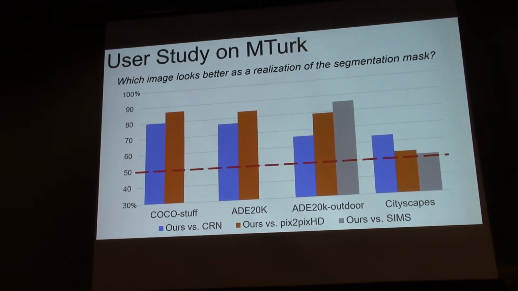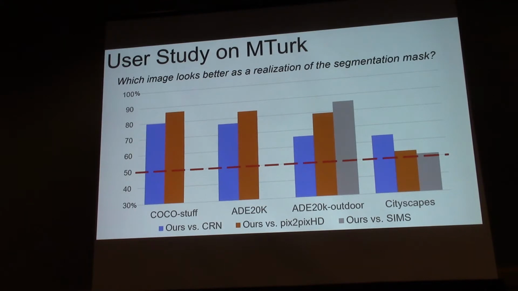So here are some evaluations. We first did a user study. We asked Mechanical Turkers the following question: which image looks better as a realization of this segmentation mask? We showed our result and the competing result side by side, and counted how many times our result was selected. 50% would mean that the two images look pretty much the same, and 100% means the users always selected our method.